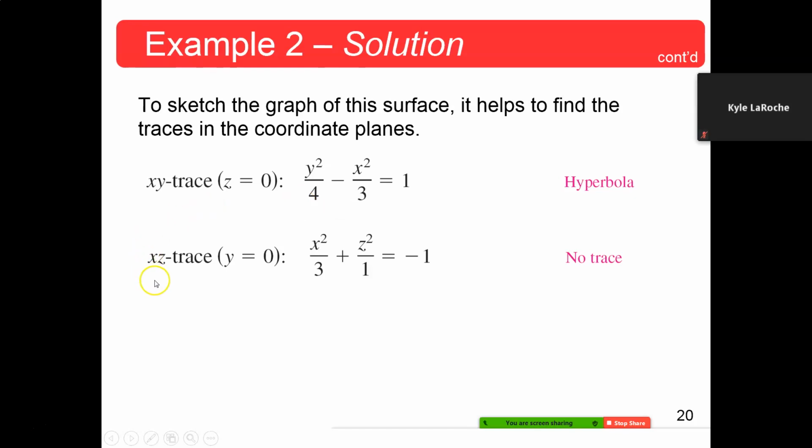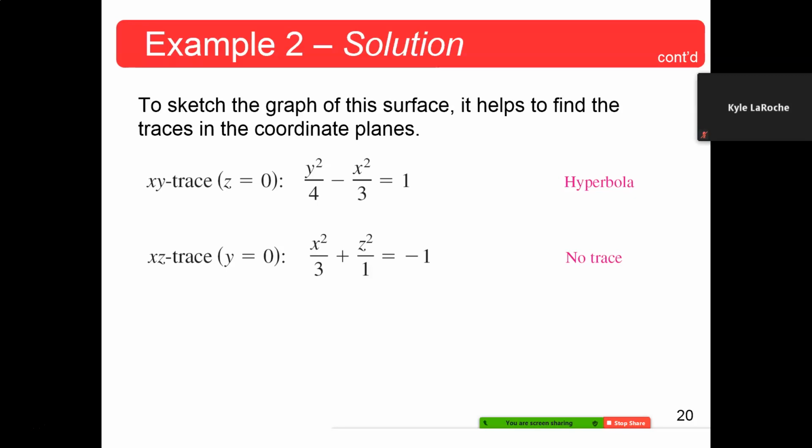In the xz plane trace here, where y is equal to 0, they say no trace, okay? No, in the xz plane, there is no trace because this is positive, that's negative. Can't happen, okay? A positive number cannot be a negative number.